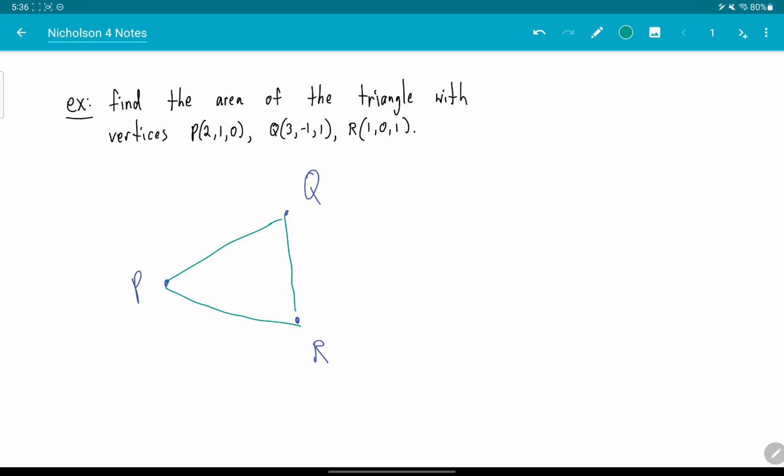I want to find the area. Well, what we're going to say is, this area is half the area of something we can find easily. If we look at this vector and this vector, we'll say u, we'll say v. Then from the theorem we just looked at, the parallelogram determined by u and v is this one.